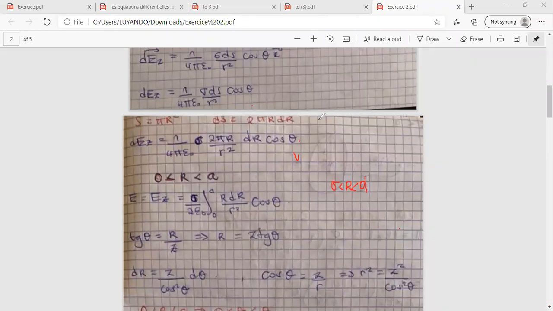Let me write it down. Our s is equal to pi R squared.